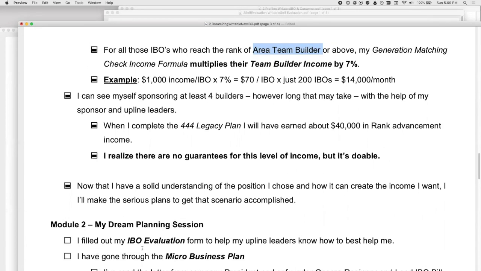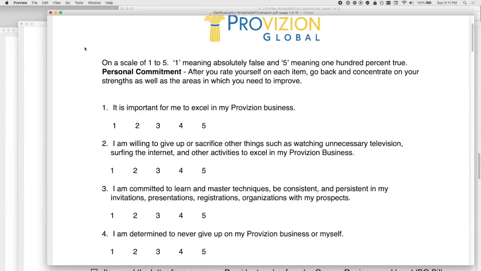So first of all, I want you to fill out what's called an IBO evaluation. Again, all these forms are in the folder marked new IBOs that you obviously have been in because you have this outline in front of you. So this is the IBO self-evaluation form.